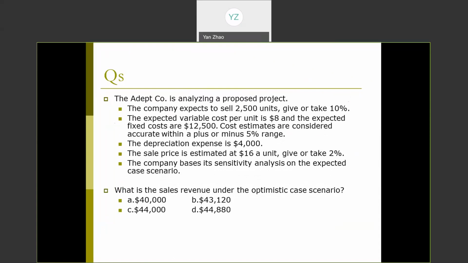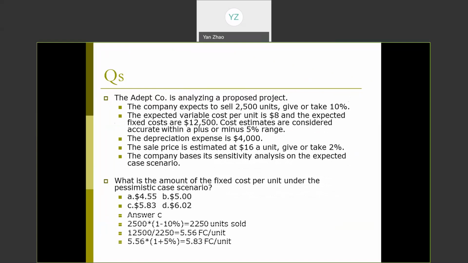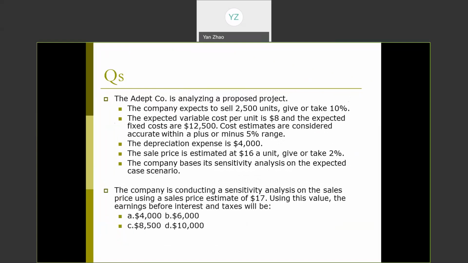Pause. Calculate. Check. Pause. Calculate. Check. Pause. Calculate. Check.